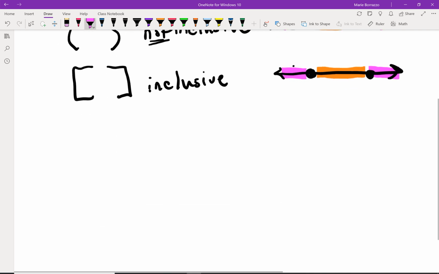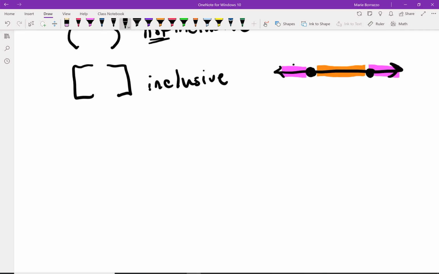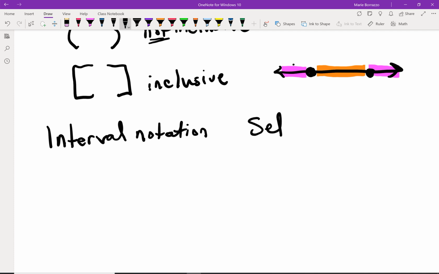Let's look at possibilities in interval notation versus set builder notation. We call this set builder, and I'm going to give you the graph of each respectively.